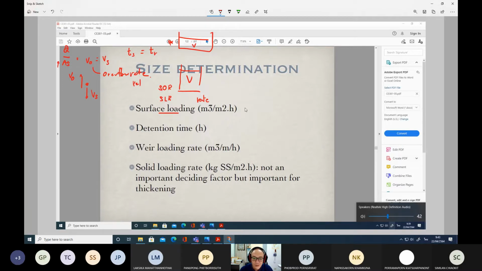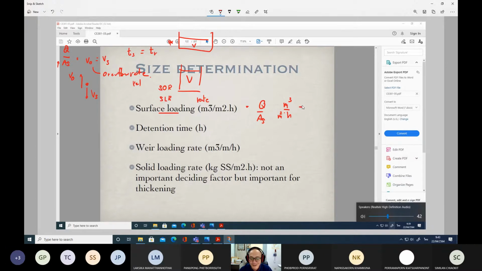The surface loading rate is equal to the flow rate divided by the surface area. The unit of the flow rate is cubic meters per hour, and the surface area is square meters. That is why the unit of this term is cubic meters per square meter per hour. We prefer to define it like this because it shows how we obtain these values.